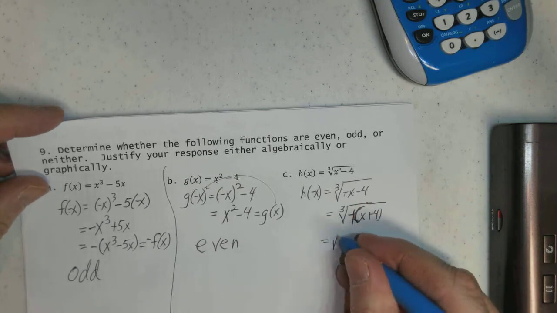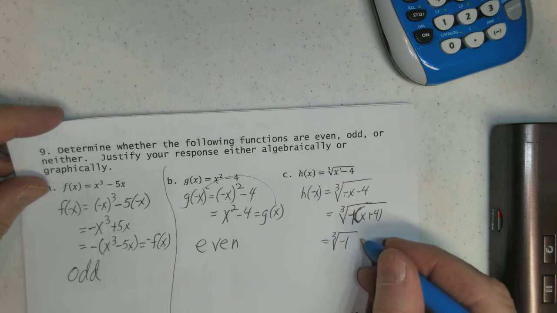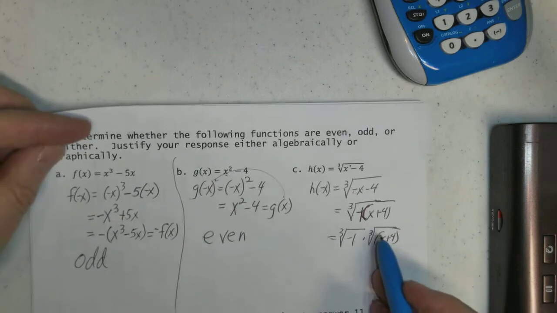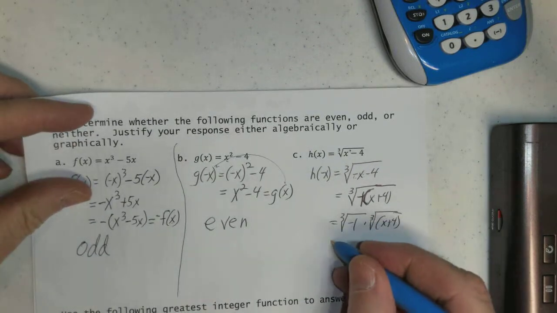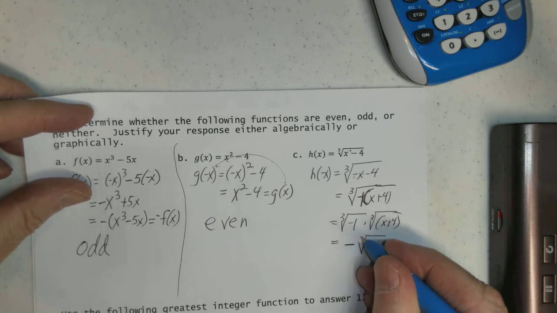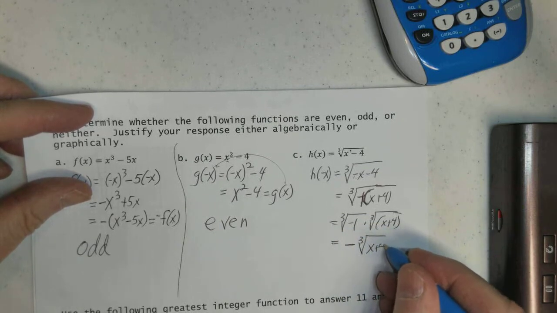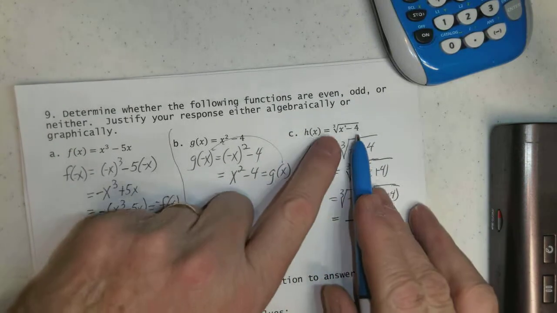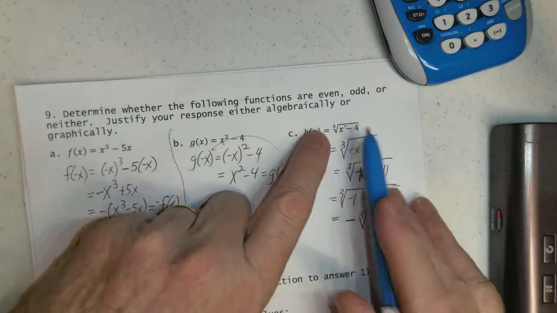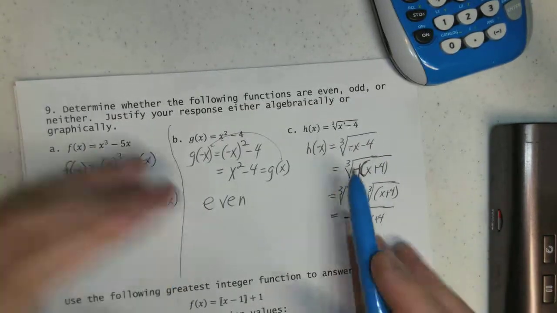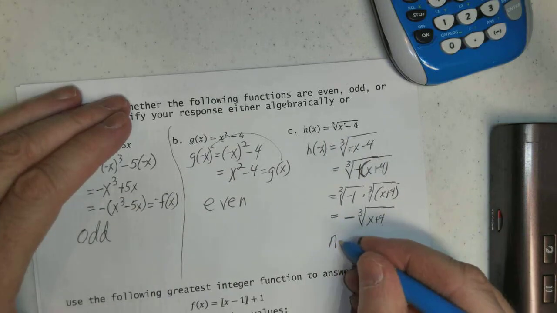And that would be the cube root of negative 1 times the cube root of x plus 4. I really don't need those parentheses anymore because I separated those. Cube root of negative 1 is negative 1, so I'm just going to put a negative here. Cube root of x plus 4. Now the negative cube root of x plus 4. Boy, if that were the same sign, I'd be calling this odd, but it's not the same, so I'm going to go neither there.